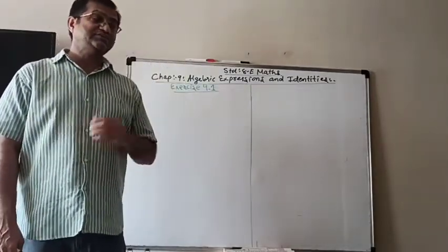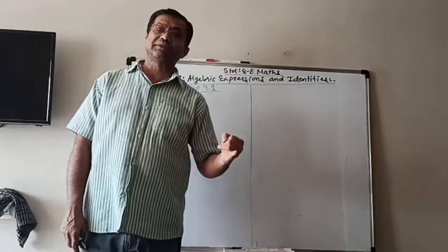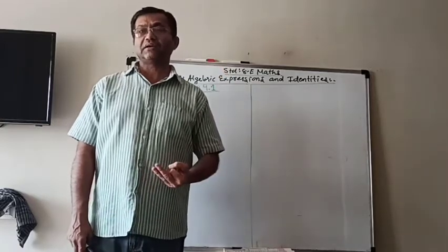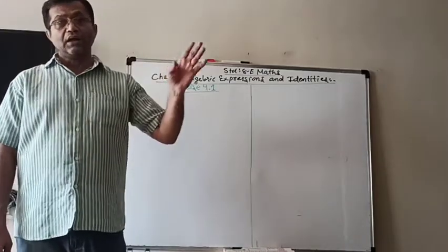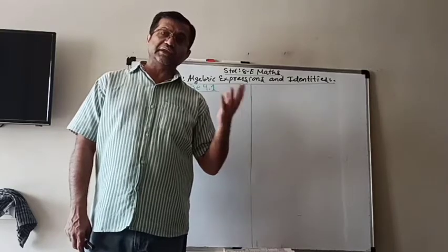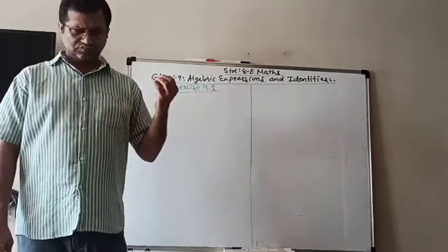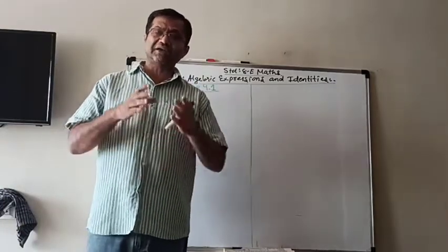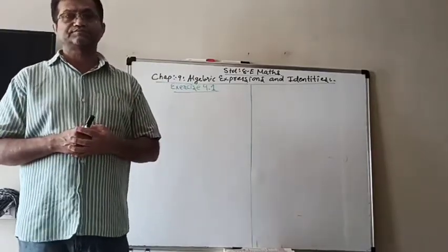Then we learn the types of the polynomials like monomial, binomial, trinomial, and in general polynomial. Then we learn about the like terms and unlike terms, and also how to add or subtract the given polynomials.